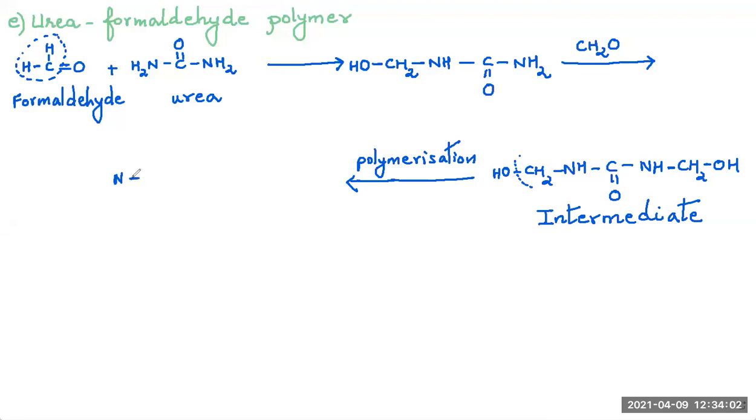N, CH2, N. Can you see this? N CH2 and another molecule N gets connected and the OH is out. So NCH2N and then CON.